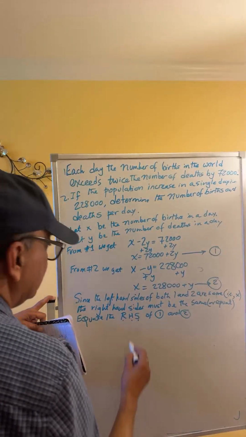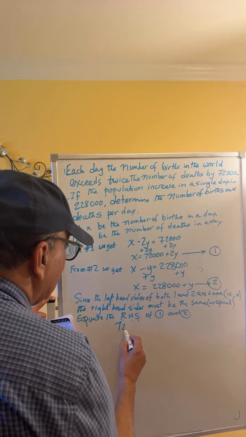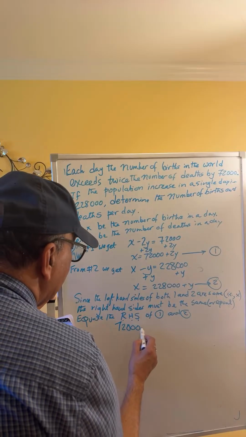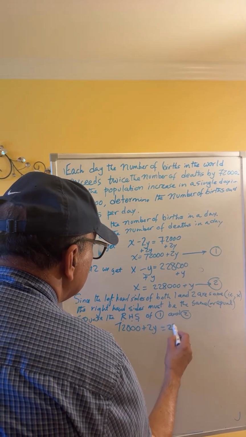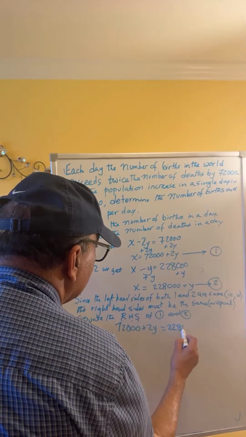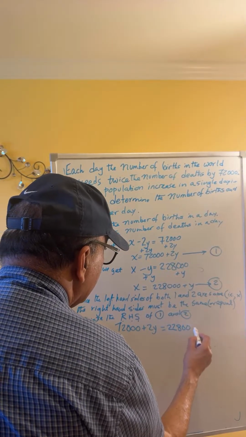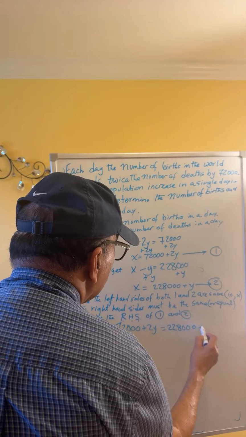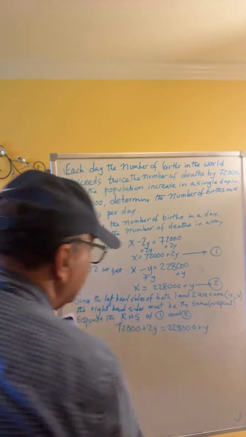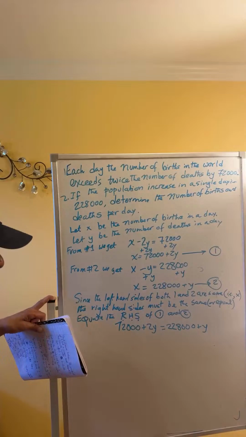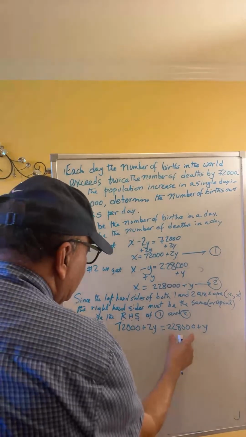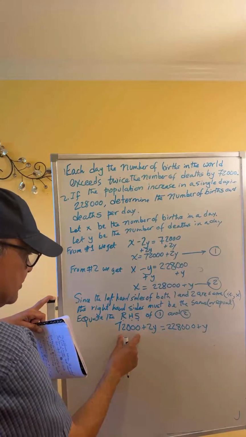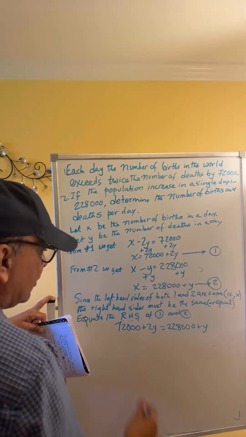Okay, so that means 72,000 plus 2y is equal to 228,000 plus y. Okay, now we have to separate the variables. You know, 228,000 is greater than 72,000.